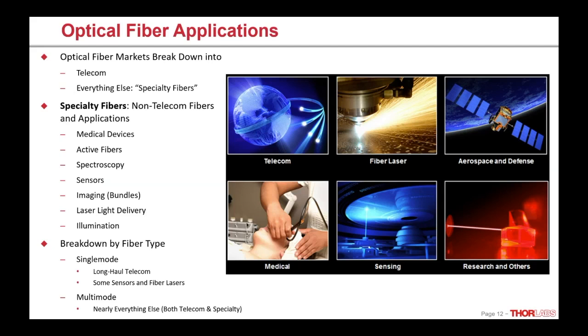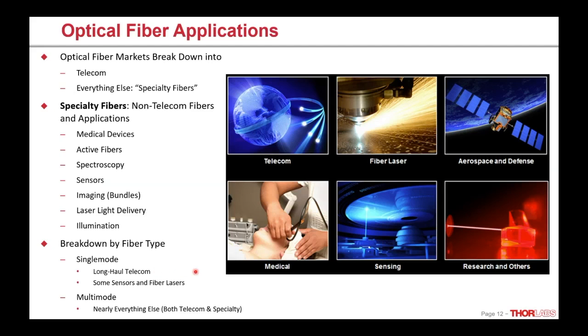Some interesting applications in the specialty fiber world would be spectroscopy, sensors, imaging, light delivery, even active fibers where we have a laser gain medium embedded into the fiber. Now, how does this sit with our whole single mode versus multi-mode breakdown? Single mode is used, first of all, for what we call long haul telecom.